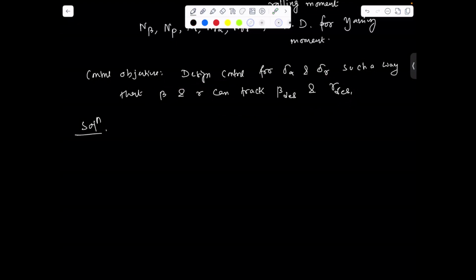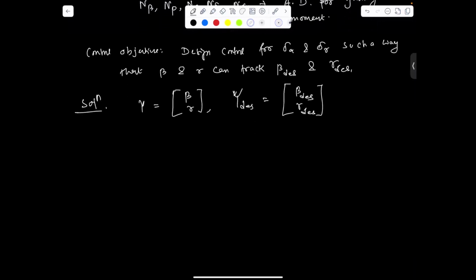So the output Y, let's denote as beta and R, and the desired output Y desired as beta desired and R desired.